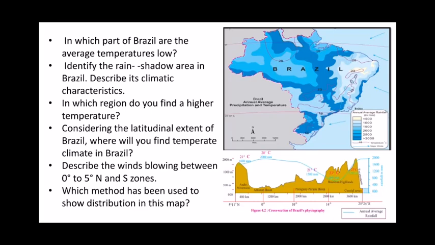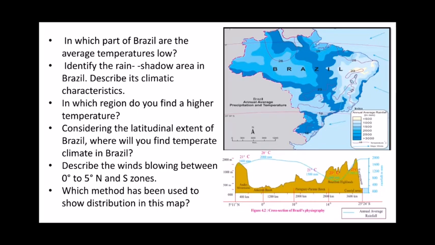So, the northeast and the southeast trade winds are very weak in this region. Next question. Which method has been used to show the distribution in this map? So, the isopleth method is used to show the distribution in this map.